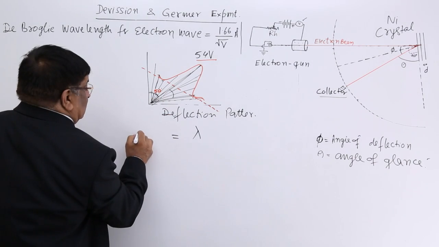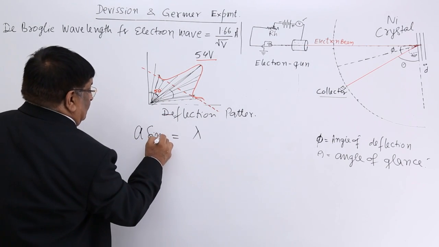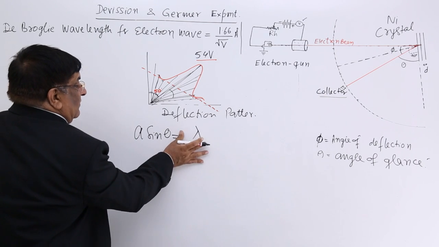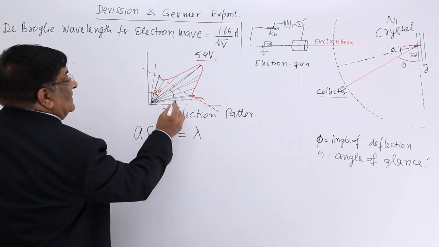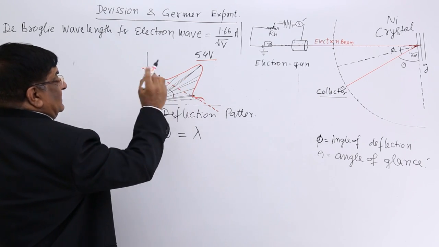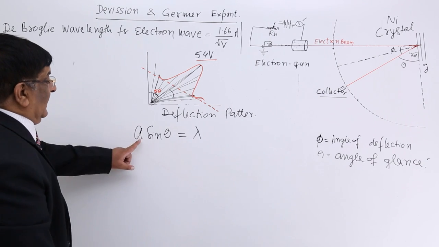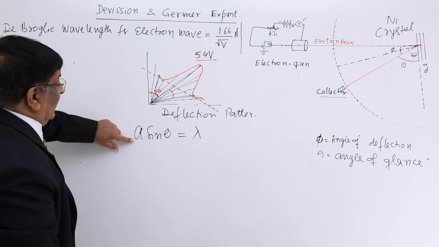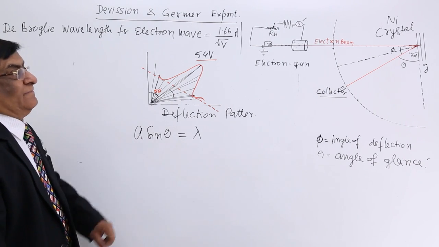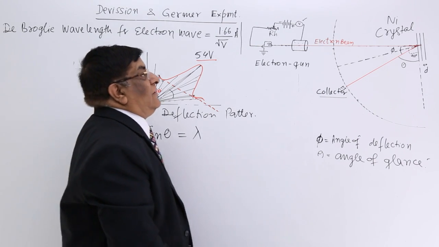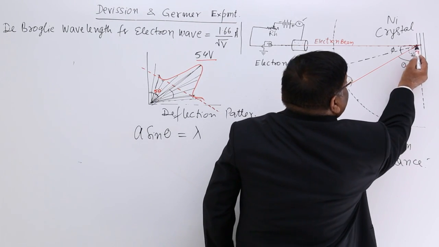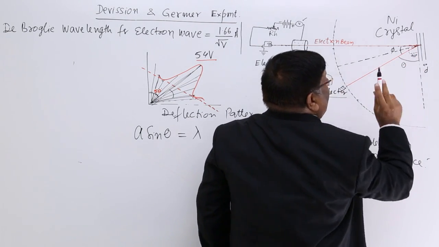That was A sin theta, path difference equal to lambda. This was the condition for first dark. A sin theta. What is A? This is the opening, the path difference.